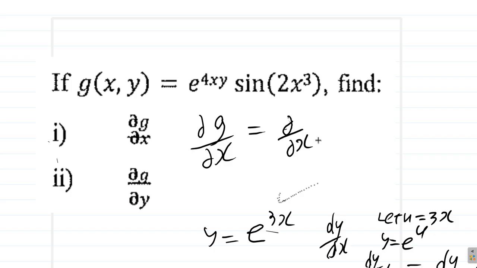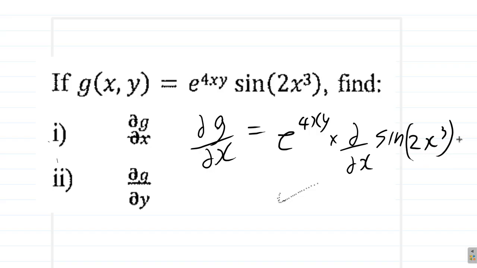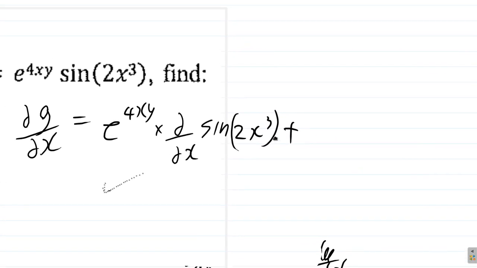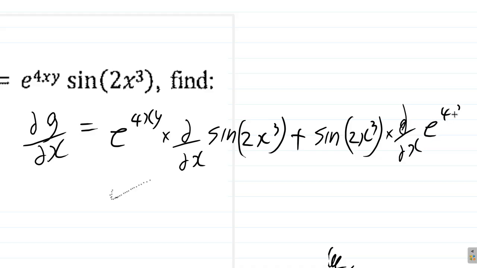What you're going to do is hold e to the 4xy as it is, times the derivative with respect to x of sine 2x cubed, plus, remember your product rule, you hold sine 2x cubed as it is multiplied by the partial with respect to x of e to the 4xy.